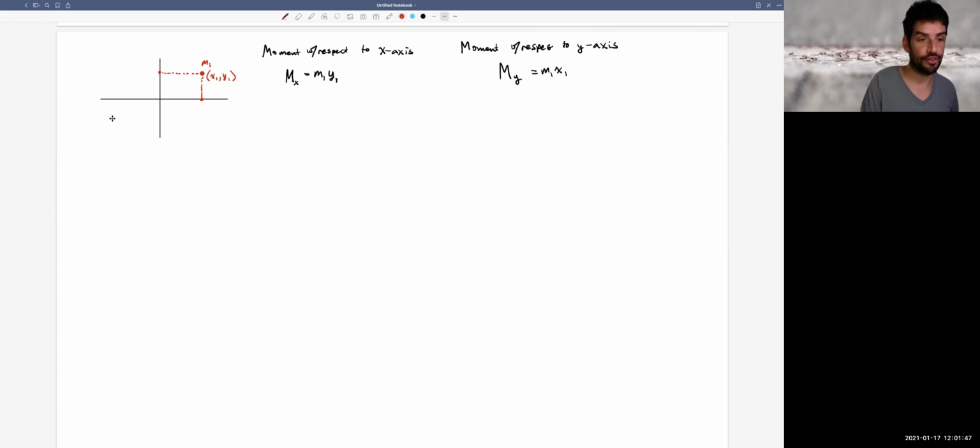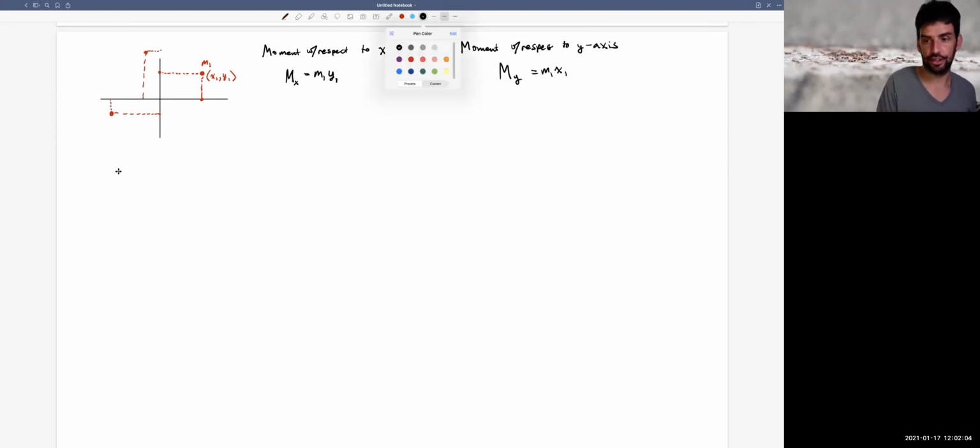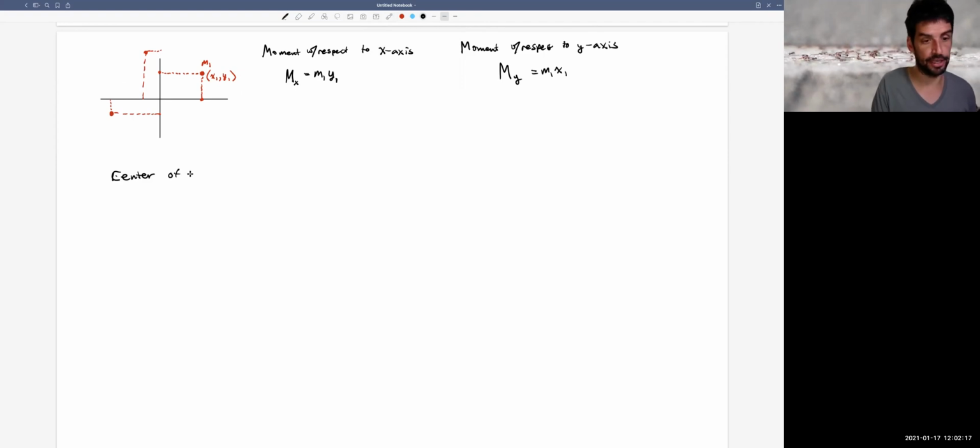And then of course, if I had more objects, they'd each have their own moments, right? Their own distances from the axes, okay? And so, following the pattern from looking at things on a line, now we're looking at objects in the plane.